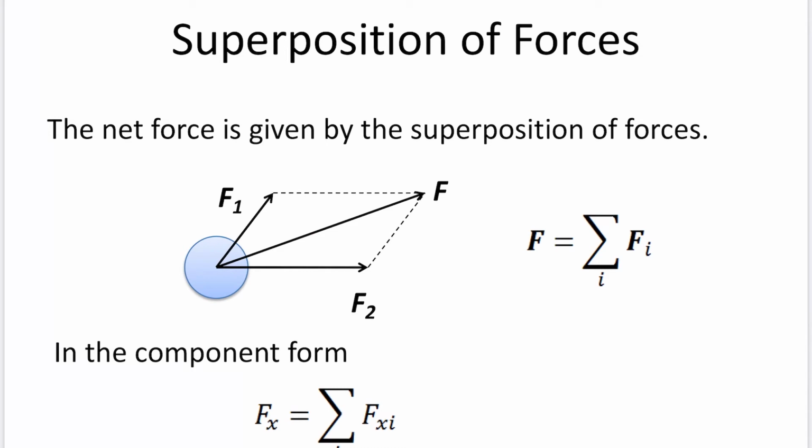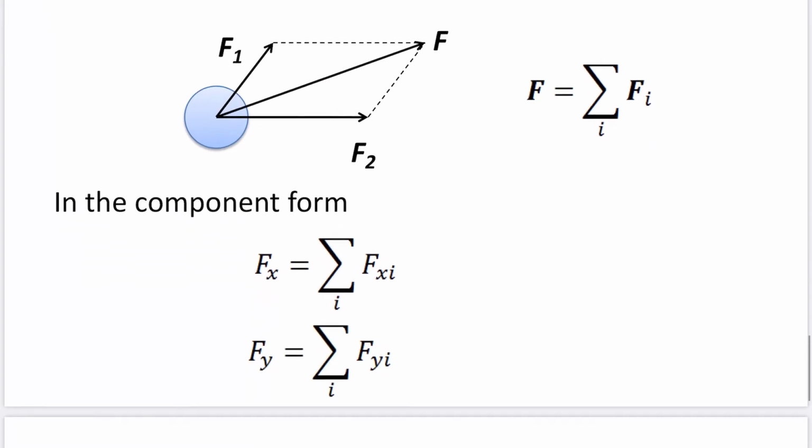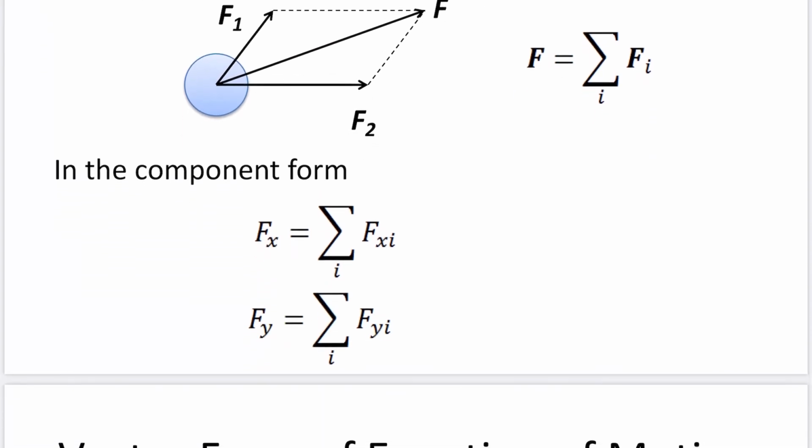In this situation, force F sub 1 and force F sub 2 are acting, and the net force is calculated by the vector sum. In component form, F sub x is given by the sum of the x components of each force, and F sub y is also given by the sum of the y components of each force.